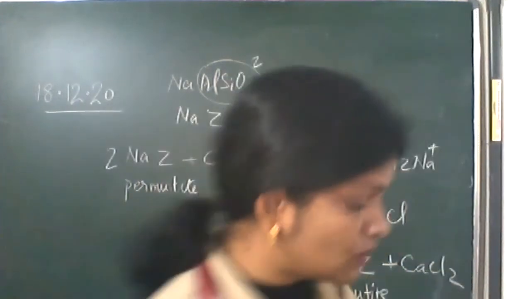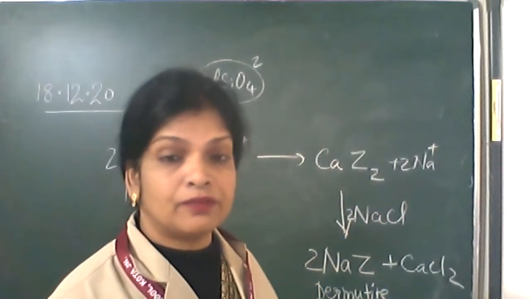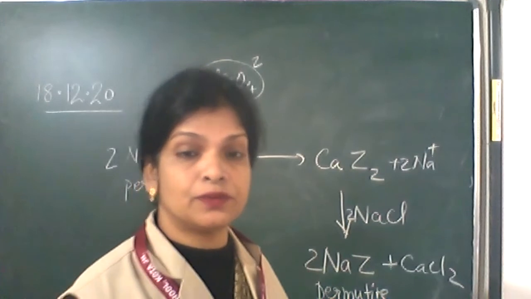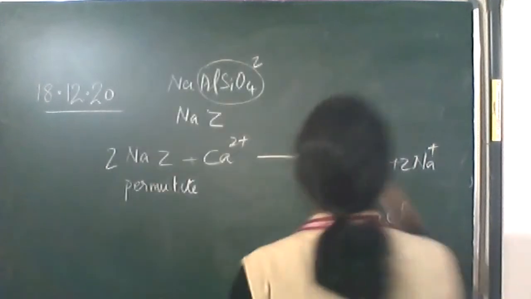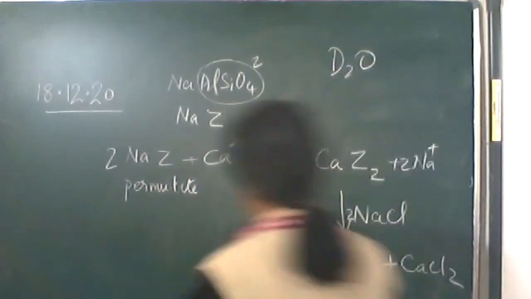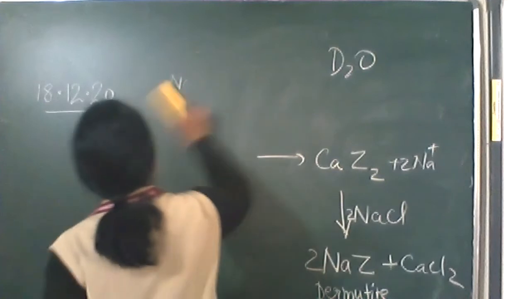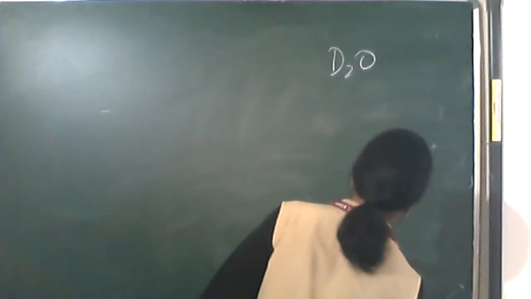Next we are going to heavy water. If instead of H in H2O, H is replaced by deuterium, an isotope of hydrogen, then we get heavy water, D2O.